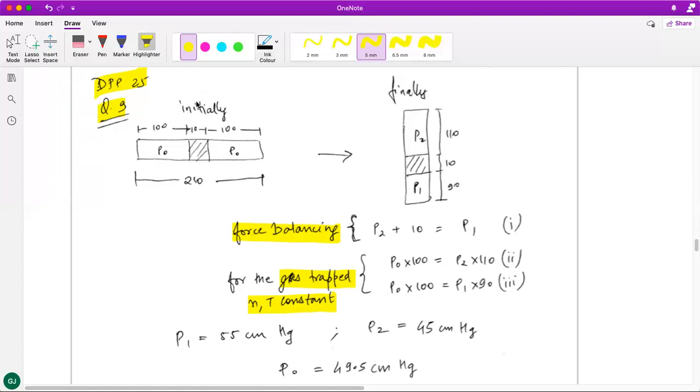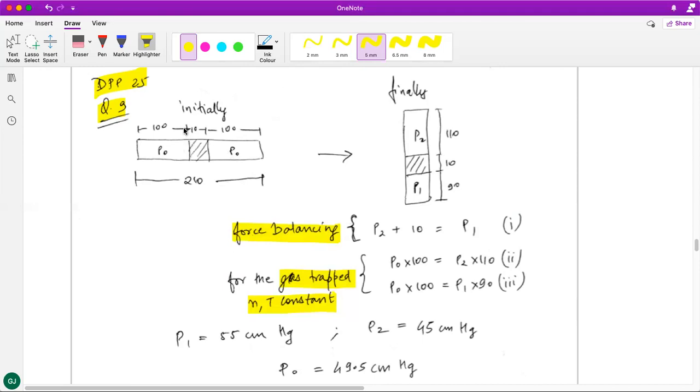That is what we will be noticing. Observe here: initially there is this tube which is kept in a horizontal manner, and the mercury column is right at the center. There is gas present on either side at equal pressure, say P naught.